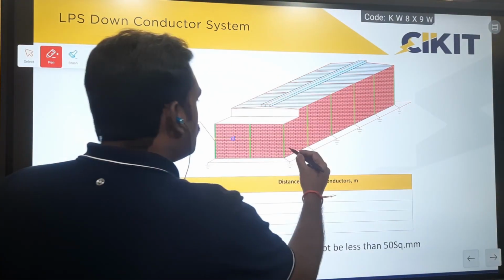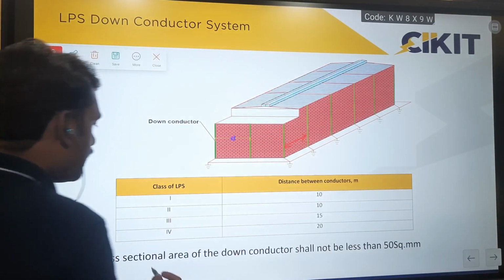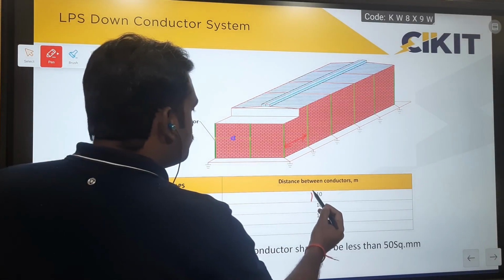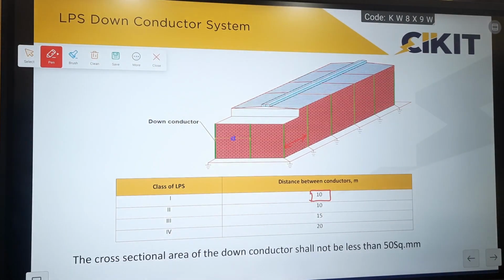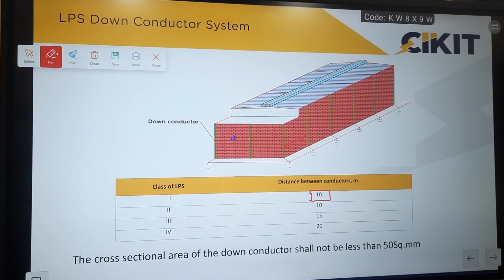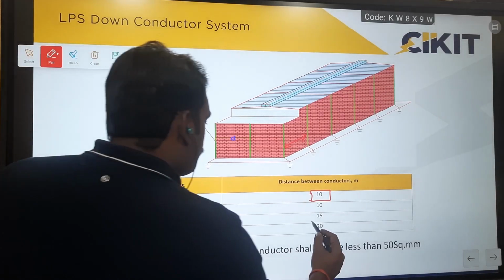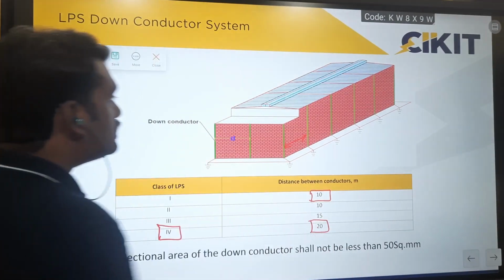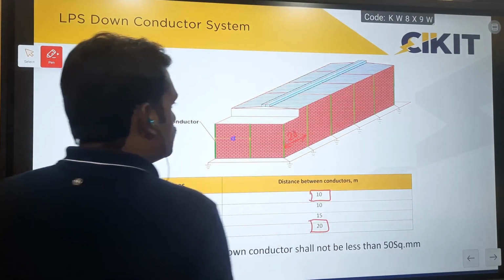The distance between two down conductors recommended by the standard is, for level 1, 10 meters, which means I have to take one down conductor at every 10 meters interval. At level 4 the distance between two down conductors can be 20 meters, which means I have to take one down conductor at every 20-meter interval.